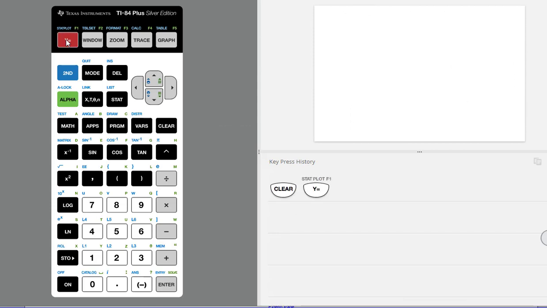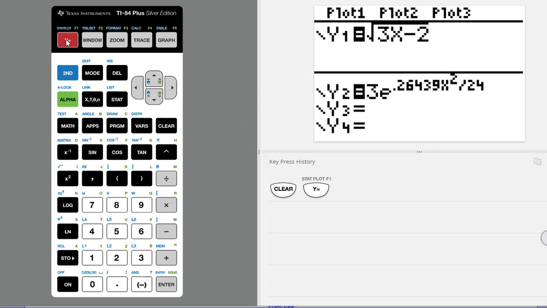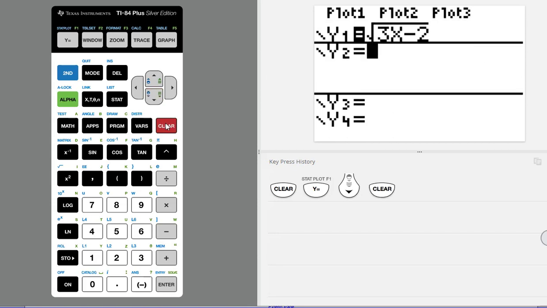So on the calculator, I'm going to go ahead and put in our velocity function for this problem. So we've got y equals, I'll use y2 this time. All right. So we've got negative t squared plus 7x minus 10.